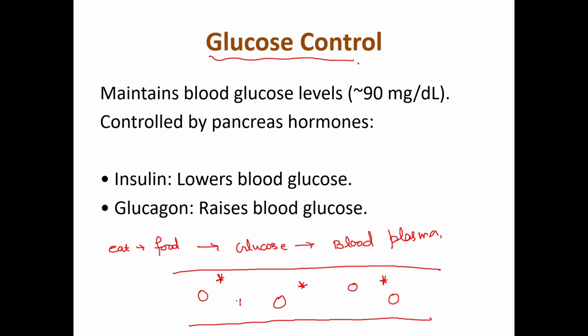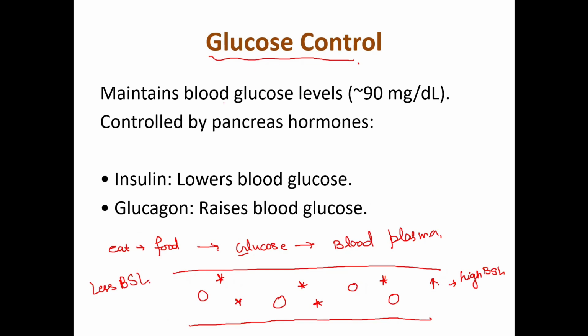This glucose concentration in the blood plasma is very high, so it leads to a high blood sugar level. If, on the other hand, the amount of glucose is very low, it causes a low blood sugar level. Both are harmful for us.